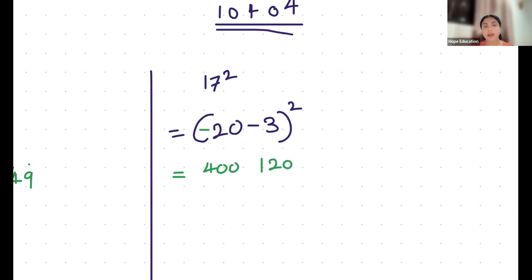Plus times minus is minus. Minus times plus is still minus. Then we take the square of the second term. Second term is minus 3. The square of minus 3 means 3 times 3, 9. Minus times minus is plus. Then 400 minus 120 is 280. 280 plus 9 is 289. So this is how we get the answer in both the methods.